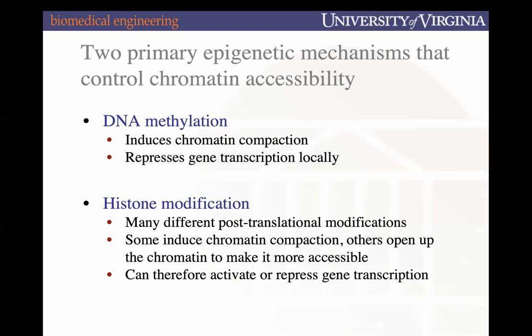But some changes will induce chromatin compaction, others will open it up. And if that opens up the chromatin, that's making regions of the DNA more accessible, which enables transcription to occur. And so that means that histone modifications can either activate or repress gene transcription.